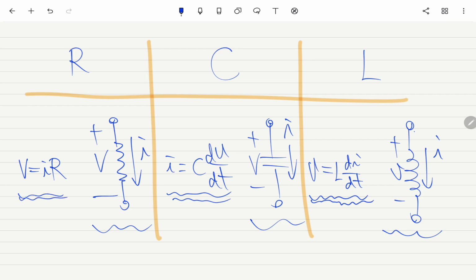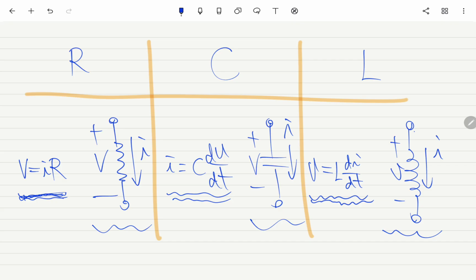Of course, the resistor is the easiest one. It doesn't have any derivative, not related to calculus at all. It is just Ohm's law. Even high school students should be able to use it to calculate something.